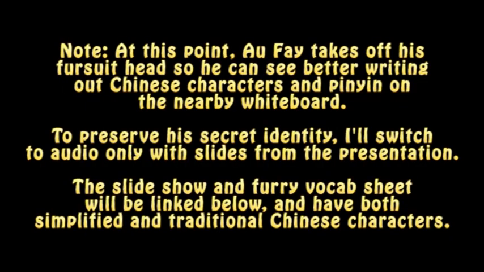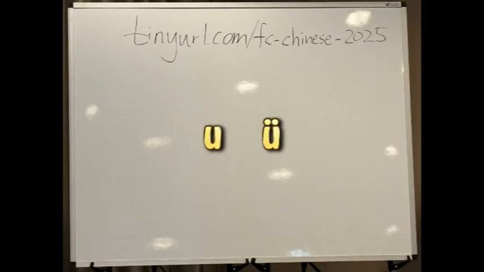Okay, since I now have to write on the whiteboard. Can everyone still hear me if I say it like this? Yeah. There are two other vowels, so U and U plus two dots at the top.